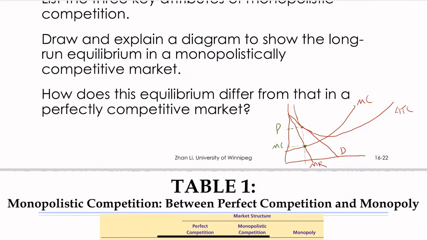And second, there is excess capacity. That is, here we have this efficient scale. And we know that the quantity which maximizes this firm's profit is smaller than this efficient output level. So there is excess capacity.